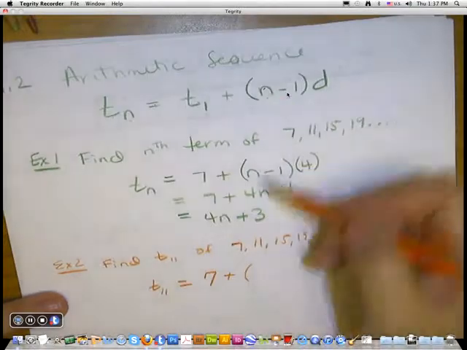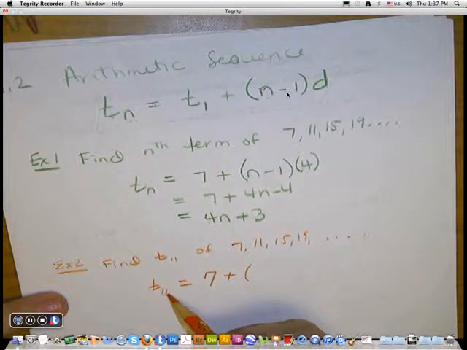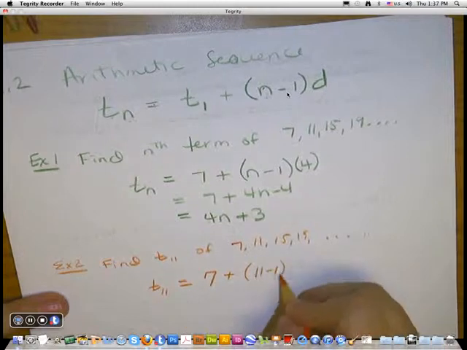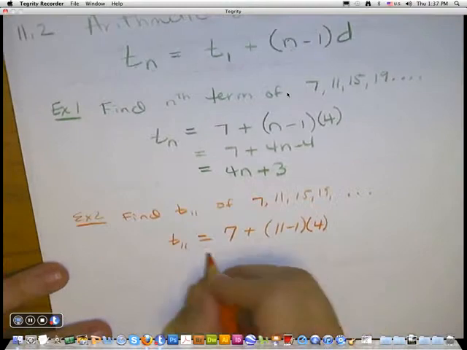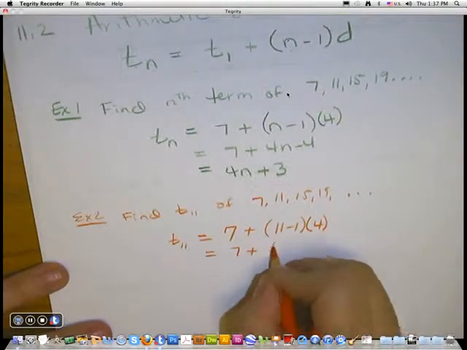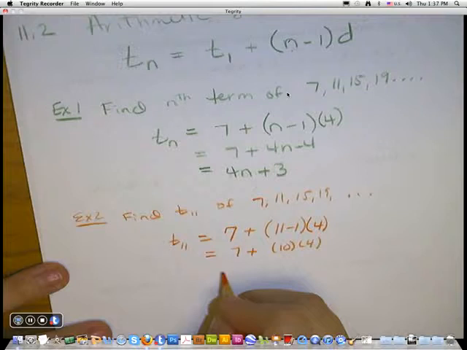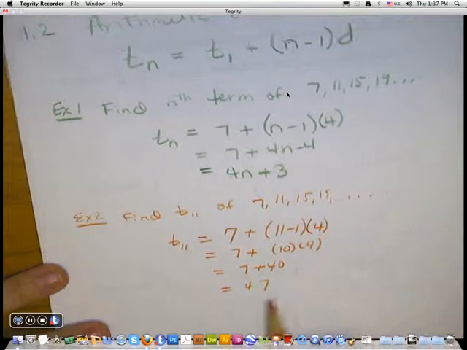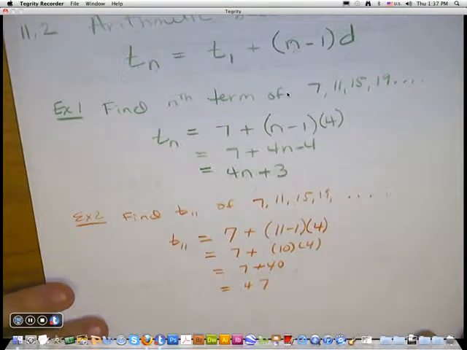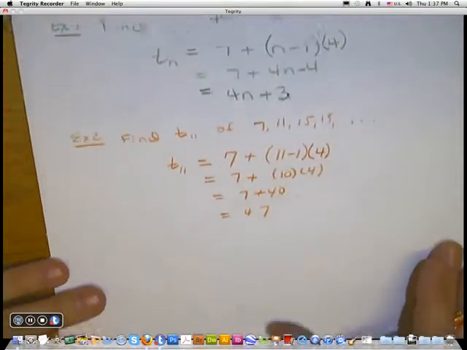The n that we want, that's the term we want, is 11. And then the difference, it increases by 4. So we get 7 plus 10 times 4. 7 plus 40 is 47. If I were to go out 11 times, in the 11th spot would be the number 47.